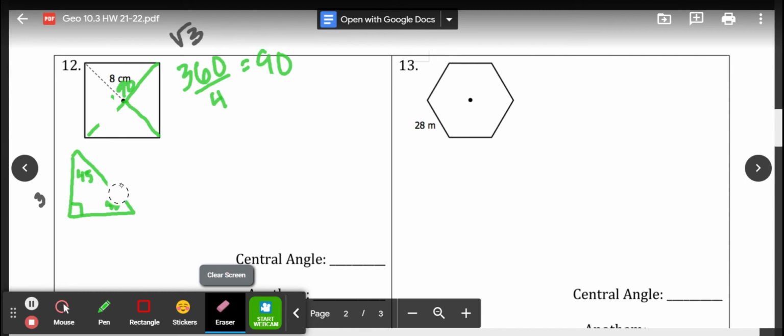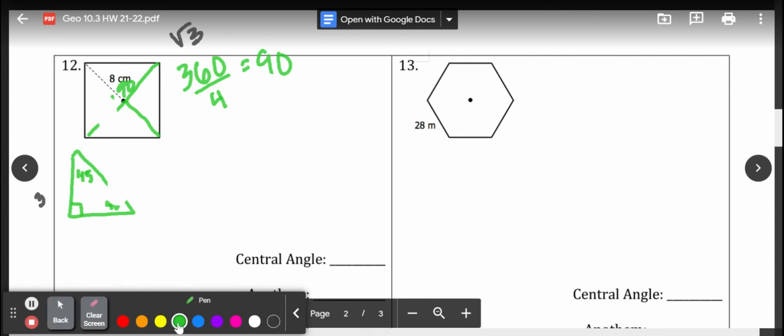Okay, so 45, 45, 90. Now 8, if we were to break this down like this, because it might just be easier, that's the hypotenuse.